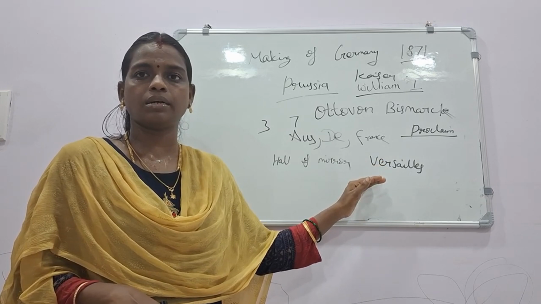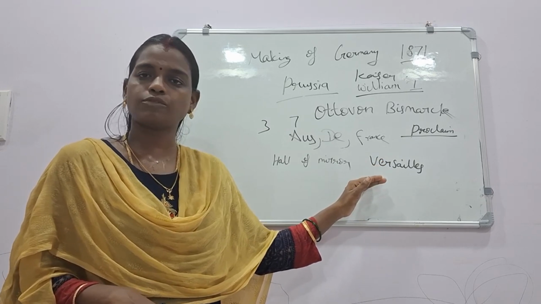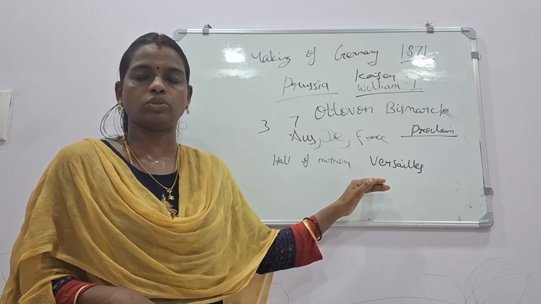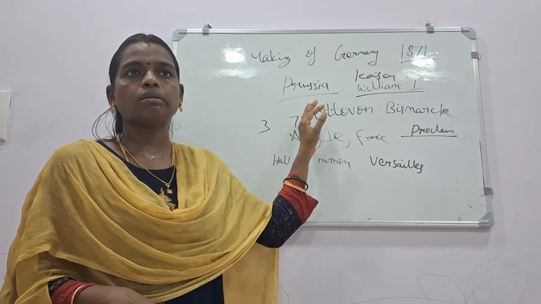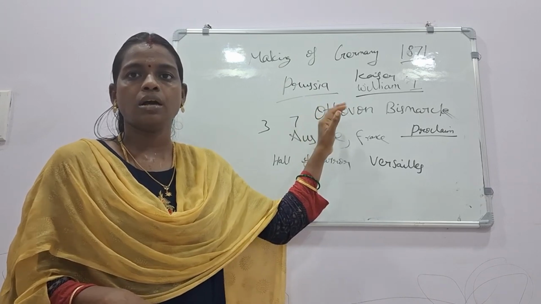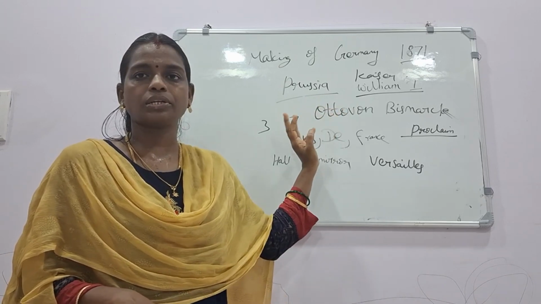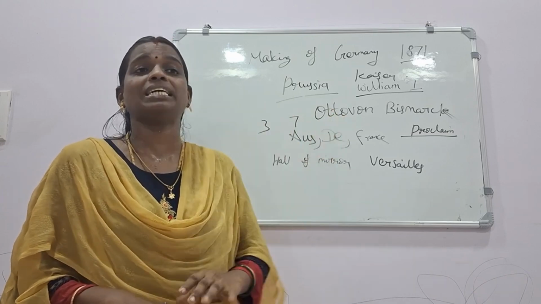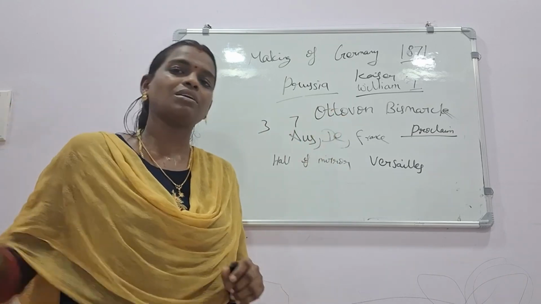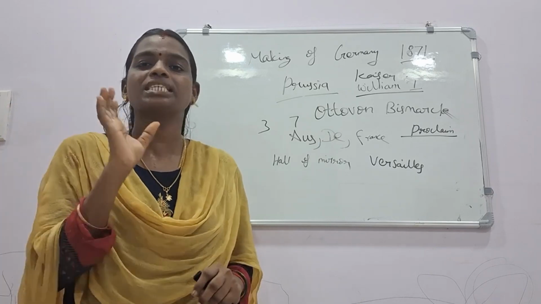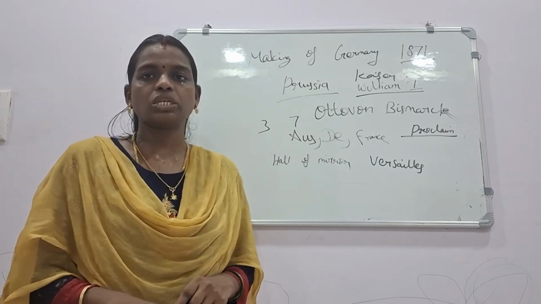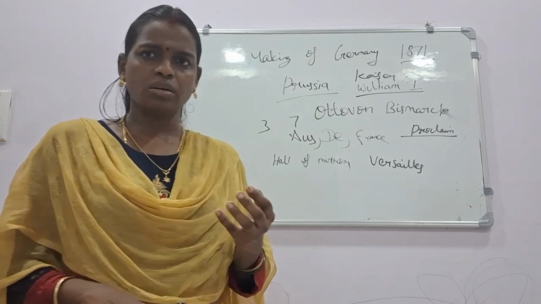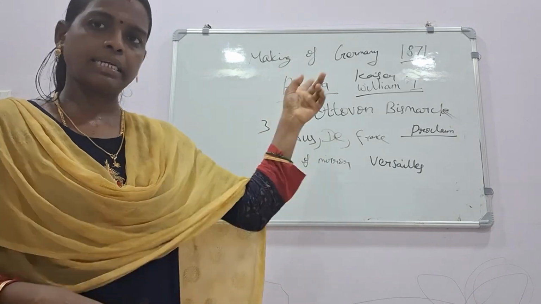As the ruling dynasty, they made many changes in currency, legal system and judicial system. Also, in the 3 wars fought by Prussia over 7 years with Austria, Denmark and France, the victorious country was Prussia. All these changes happened by the year 1871.